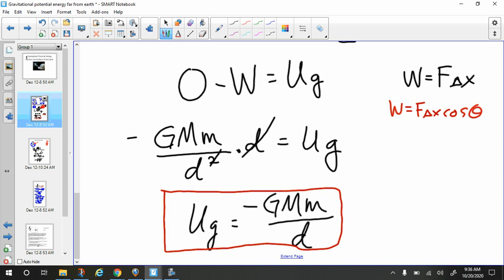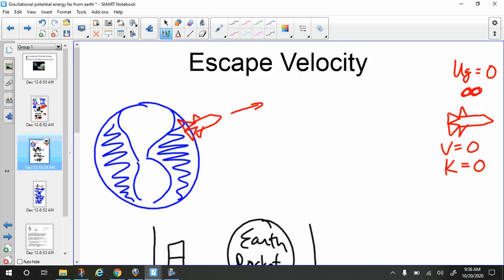Now this is useful for a couple of reasons. Let me show you how to find escape velocity. So you may have heard about escape velocity. Escape velocity is the velocity required to escape the gravitational field of a planet or a star or whatever.